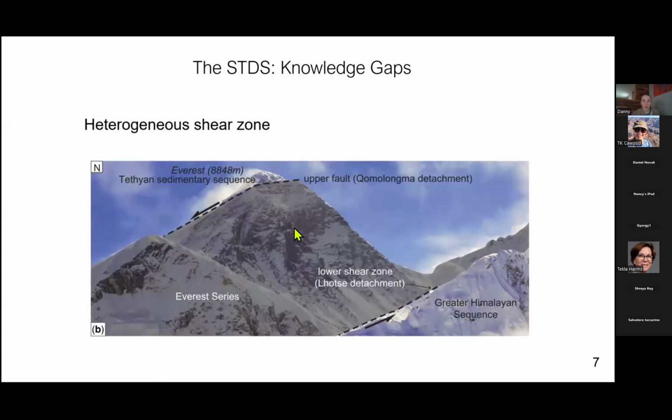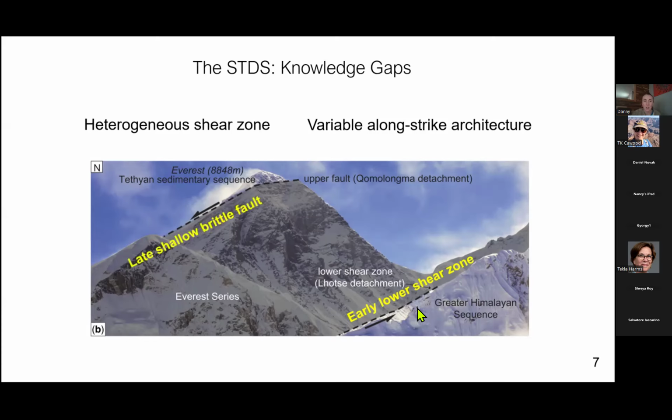So this is actually a very complex consideration because the South Tibetan detachment system typically spans many kilometers and includes a whole range of different rock types and metamorphic grades. And the architecture of the South Tibetan detachment system is also variable along the strike of the Himalaya. So actually, typically, the South Tibetan detachment system is mapped as two structures, an earlier lower shear zone and a later shallow brittle fault at higher structural level.